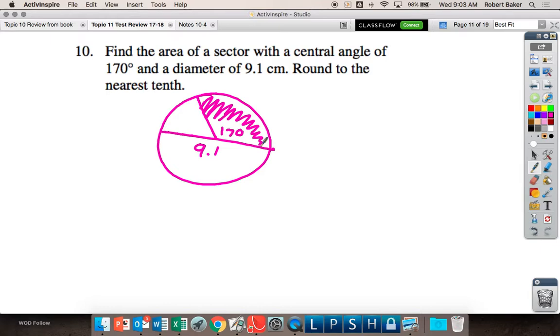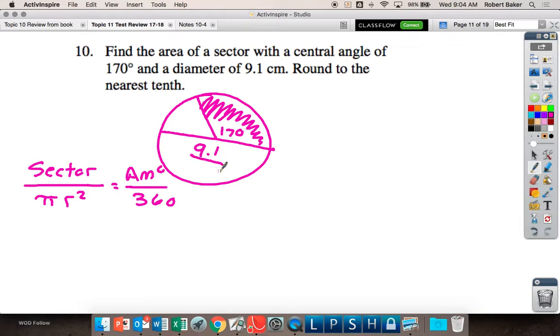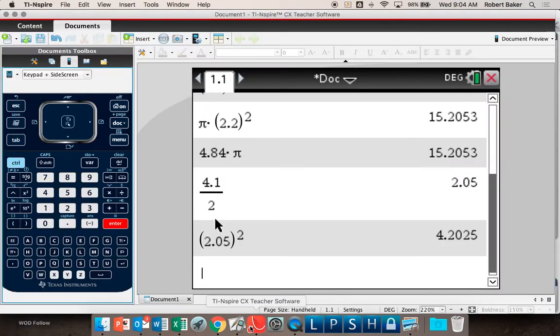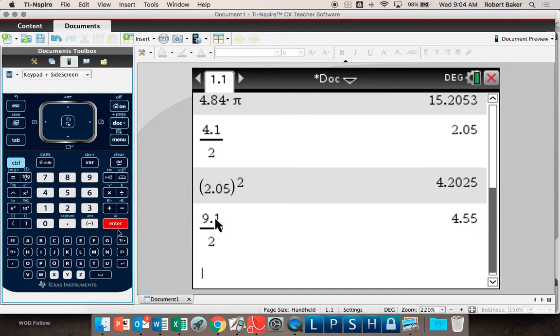On your test, you'll see the formula sector over pi r squared equals the arc measure in degrees over 360. So do we have an r value? We need to cut this number in half. 9.1 divided by 2 is 4.55. That's going to be our radius value.